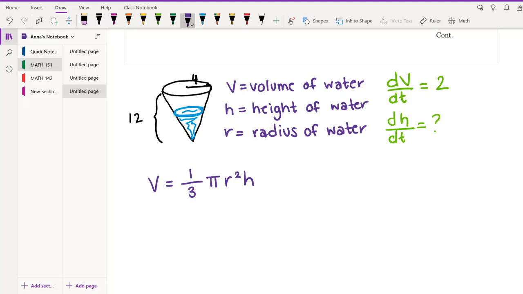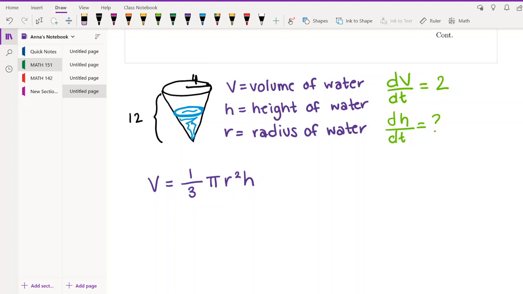So basically, anytime you're doing a related rates problem, look at these pieces of information and figure out what's the equation that relates them. And again, I would expect you on the test to know things like the area of a rectangle or the area of a circle or the Pythagorean theorem or things like that. But as soon as it gets into a more complicated equation, I would give it to you.